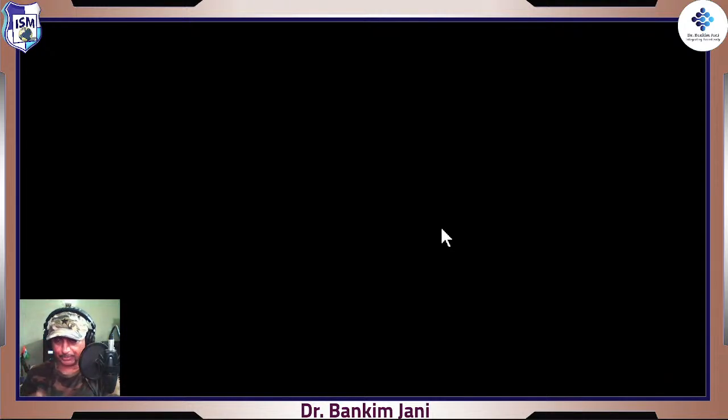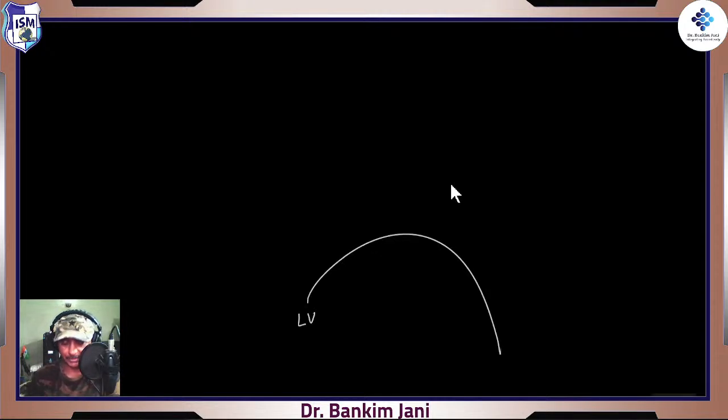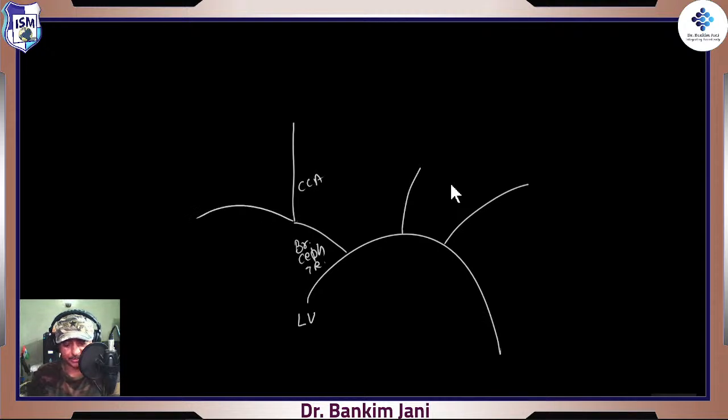Now first I'll brief you, as per the way we are doing every time, we'll start from the heart, and today we'll be focusing only on arteries. Tomorrow we'll be focusing only on the venous system. So from the left ventricle, this is the arch of aorta. On the right side and the left side, things are a bit different, because this is what is called the brachiocephalic trunk, and from there goes the common carotid artery, and then this is the subclavian artery.